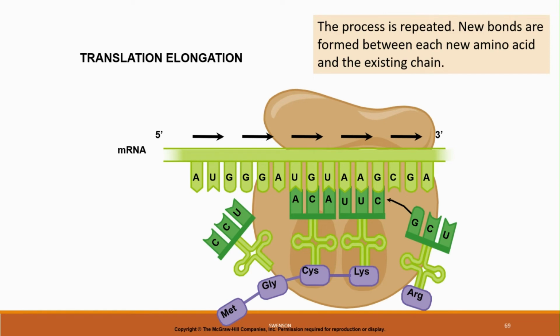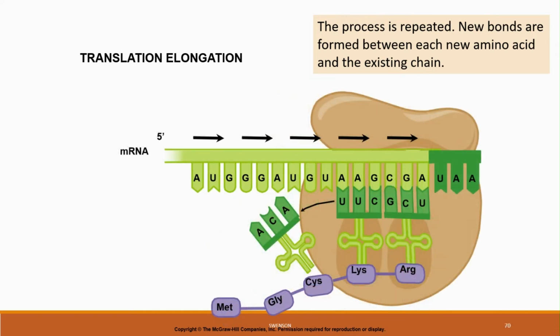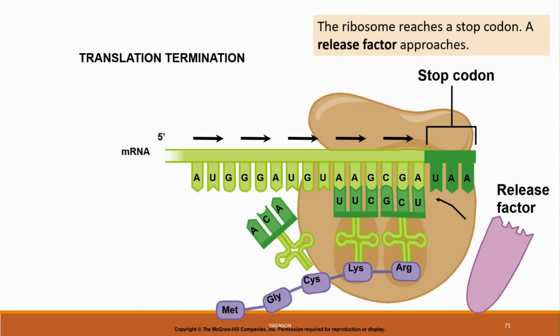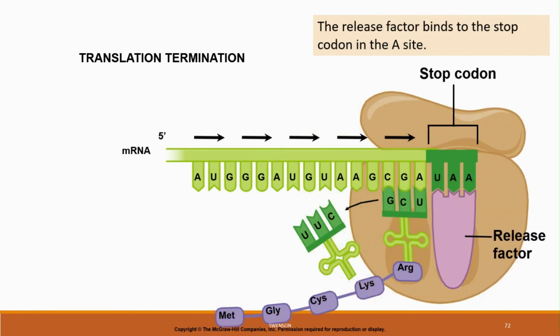So far, we have shown that polymerases read DNA in a 3' to 5' fashion. But just be aware that the ribosome reads the mRNA in a 5' to 3' fashion. When the ribosome reaches a stop codon, a release factor approaches, which is a protein that stops translation.